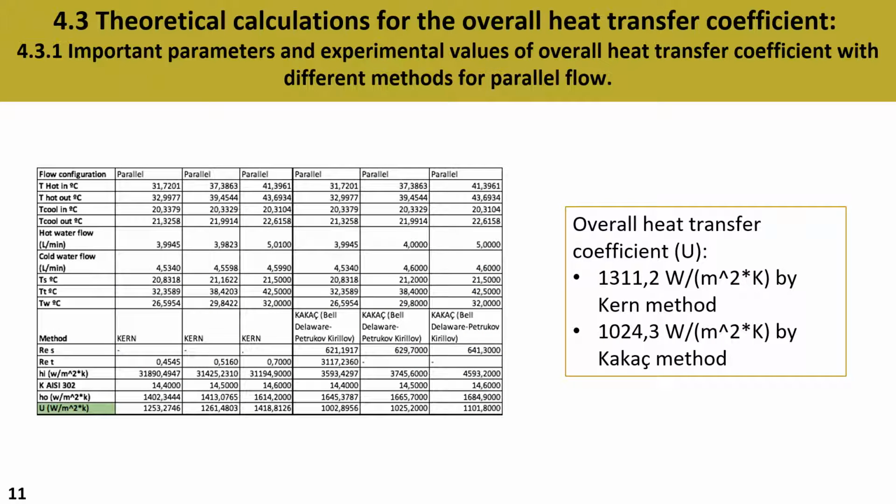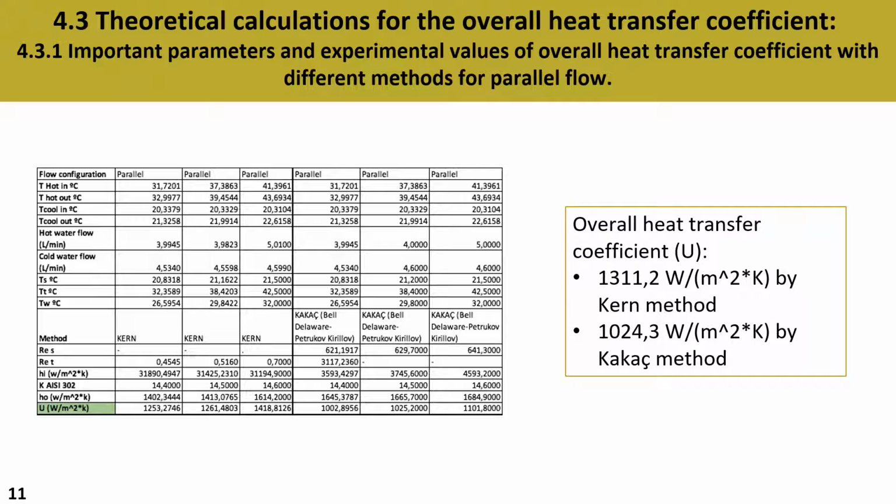Now, the theoretical overall heat transfer coefficient calculated with Kakak and Kern methods show a significant difference in its values. It can be explained by the fact that both calculation methods are very different and include different variables, as well as correlations and corrections that change drastically the results of the calculations.